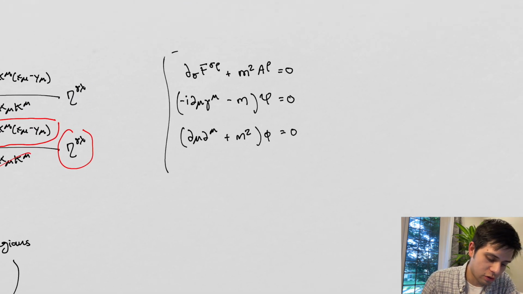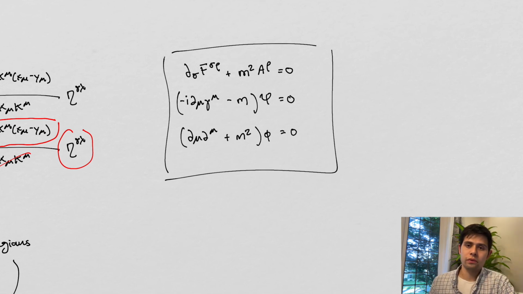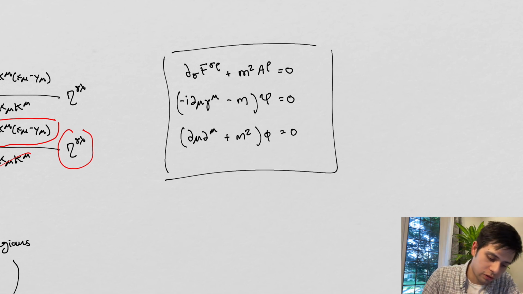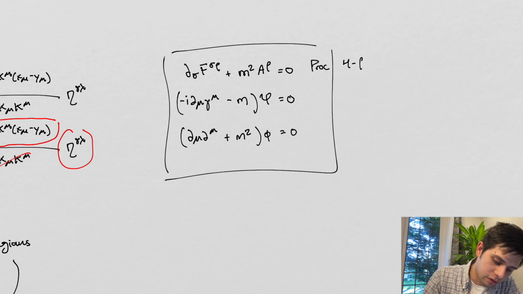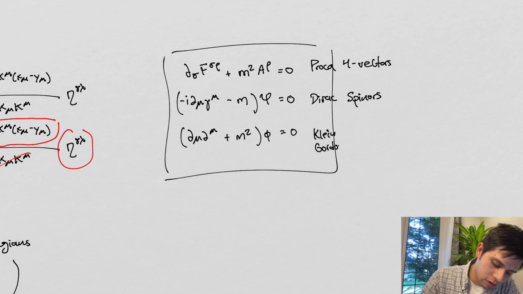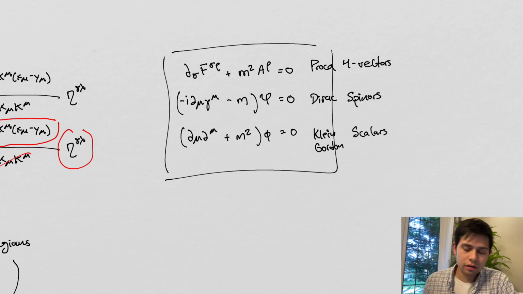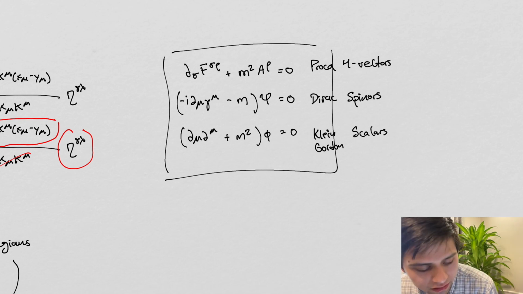These are our equations of motion, and we were able to go forward with those, right? So this was our Proca. This dealt with 4 vectors. This was our Dirac. This dealt with spinors. And this was our Klein-Gordon, which dealt with scalars. And that is our review.